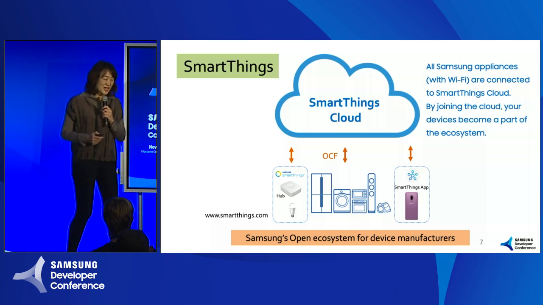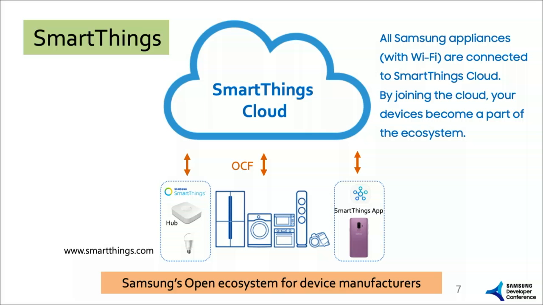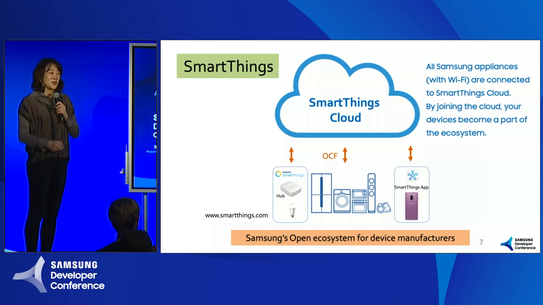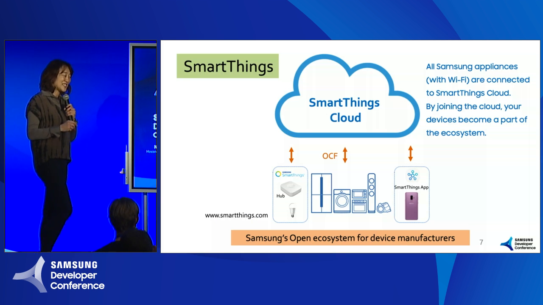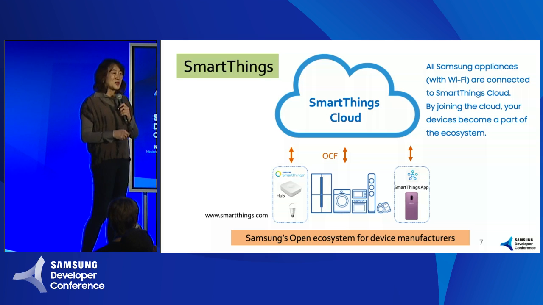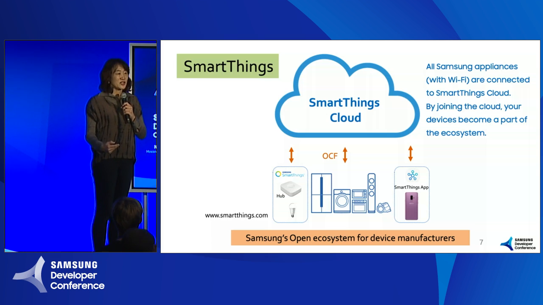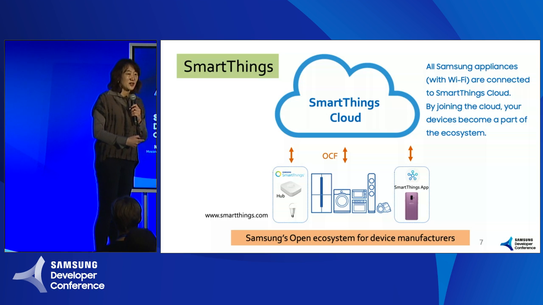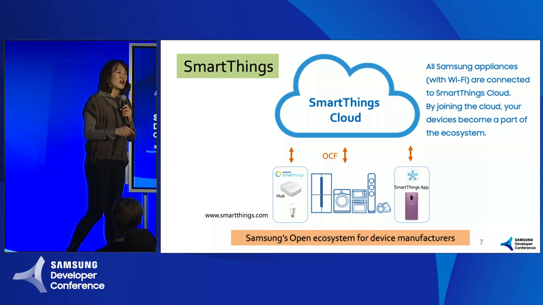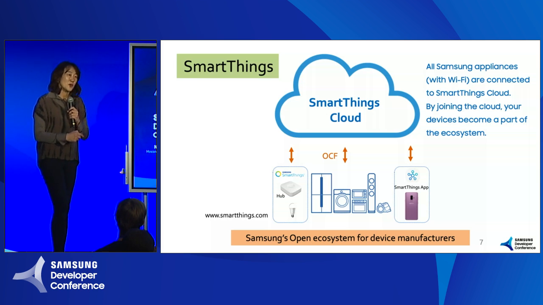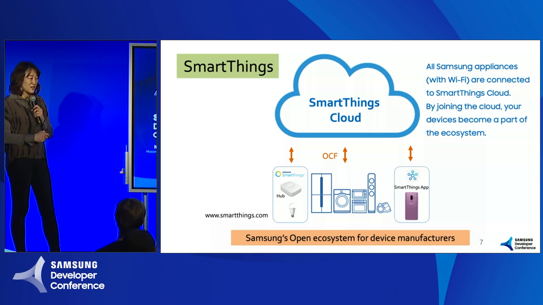Okay? So as I mentioned earlier, we are using OCF to connect all our devices to the SmartThings cloud. And this is an open ecosystem. That's why we intentionally removed the word Samsung from the cloud, because we want other device makers to join this cloud so that you can take advantage of all the devices that have already been connected to it, right?